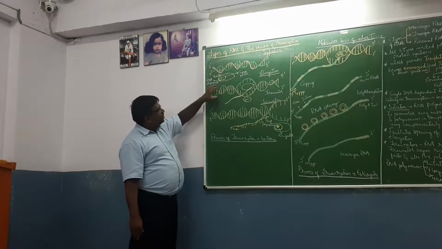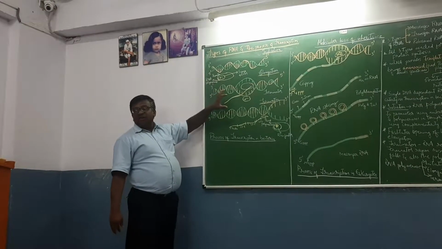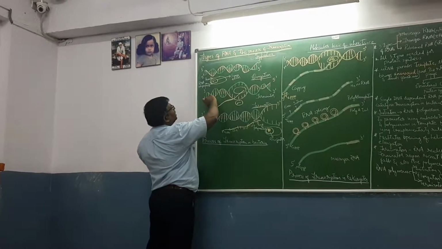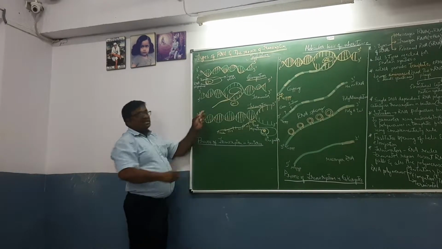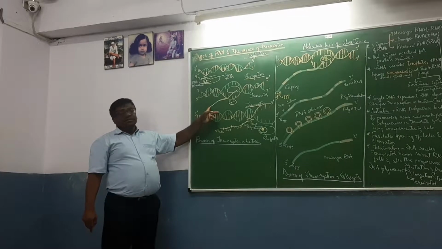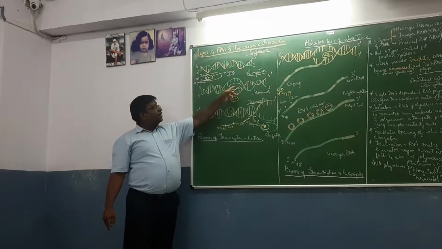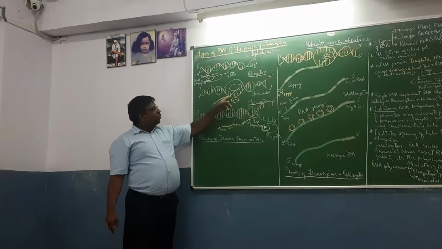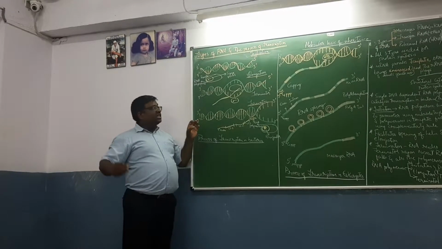Then there is elongation. As and when, in every loop, there is unbinding and synthesis of mRNA. You can notice that from the 3' to 5' region there is synthesis of this mRNA. This is the mRNA, the yellow colored one. The RNA polymerase is inside, and the sigma factor is outside. This elongation of mRNA goes on as the transcription goes on.